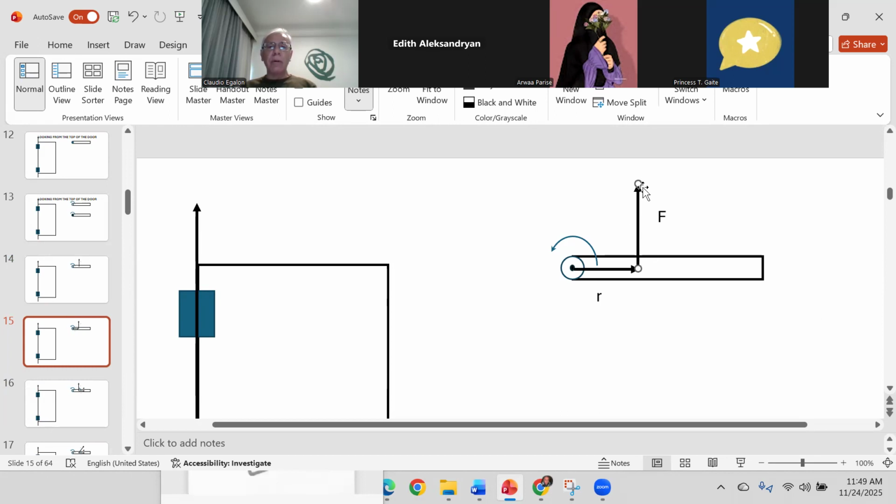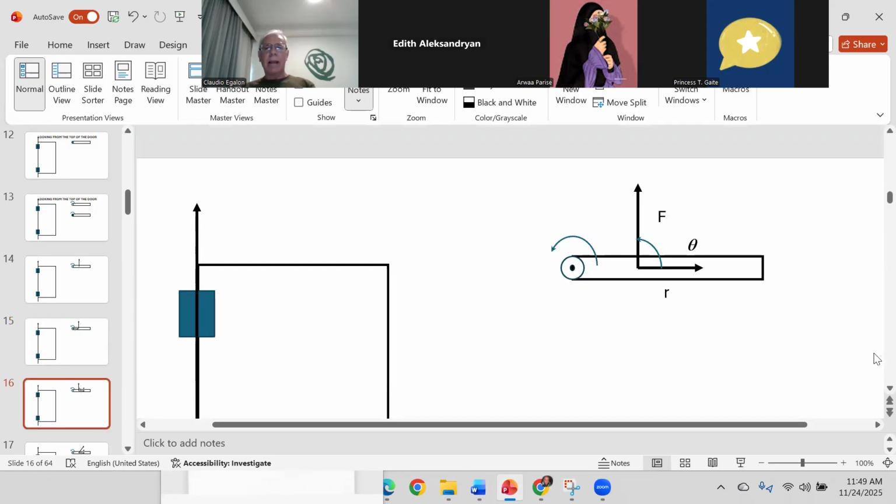But it also depends on the angle at which you're applying the force. Here you have one torque, here you have another torque, here you have another torque. You get the highest torque whenever the angle between the force and the position vector of the point of application of the force is 90 degrees. That's the highest torque that you get.